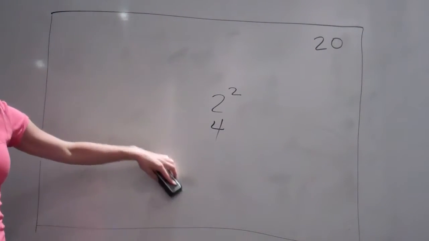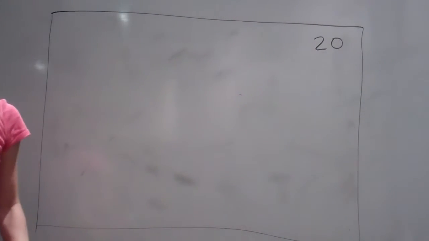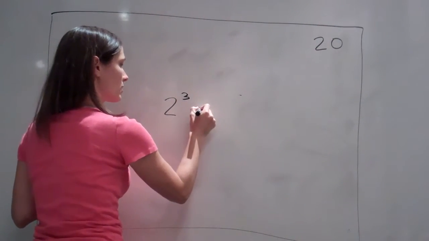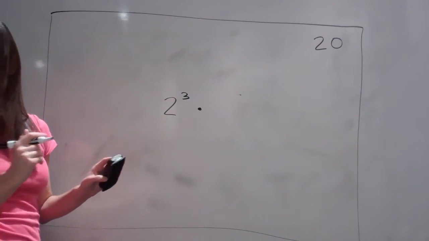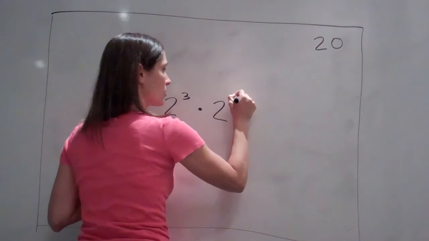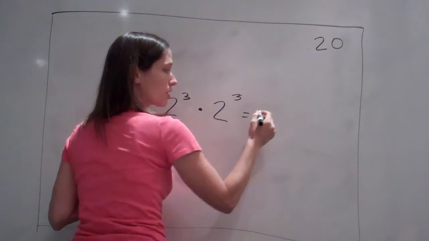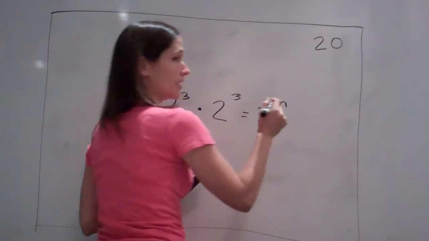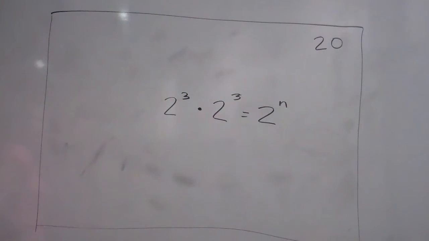Now, this one's a tricky one. Help me figure out this one. 2 cubed times, that dot means times, just to let you know, 2 cubed equals... Wait just a minute. You think you got it? Is it a 6?